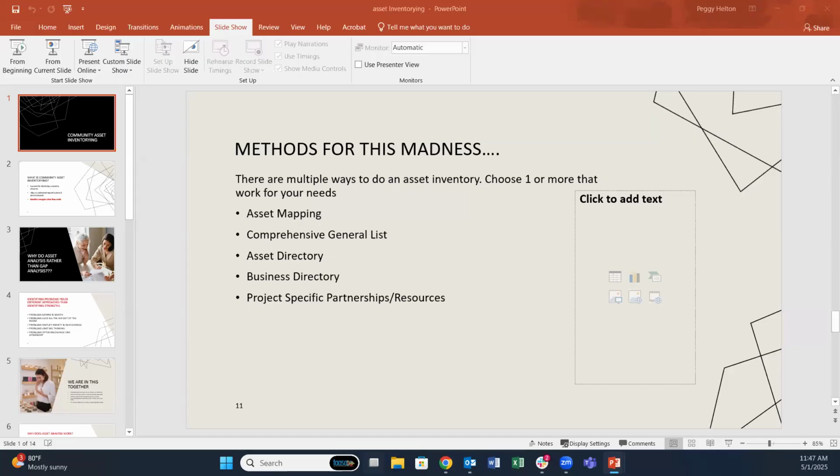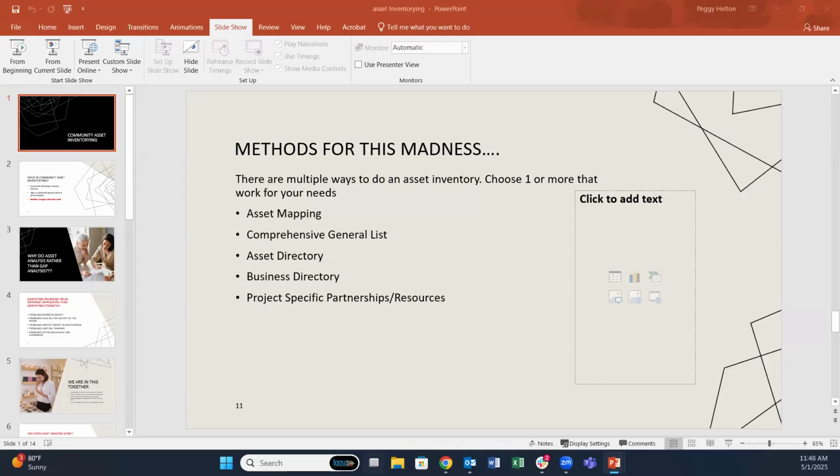You can do asset directories. You can do business directories. You can do project-specific partnerships and resources. Another thing you can do with this asset inventory process is come up with smaller work groups, because you may find we've got lots of pieces here, and one big, huge map or directory might be cumbersome and not exactly what folks are looking for, especially if they are involved in something very project specific.